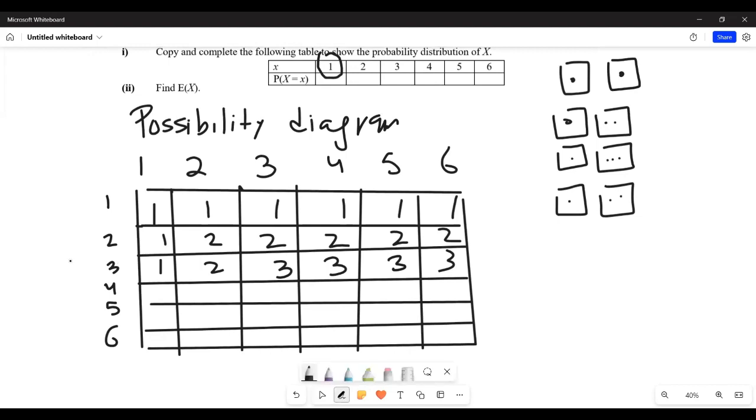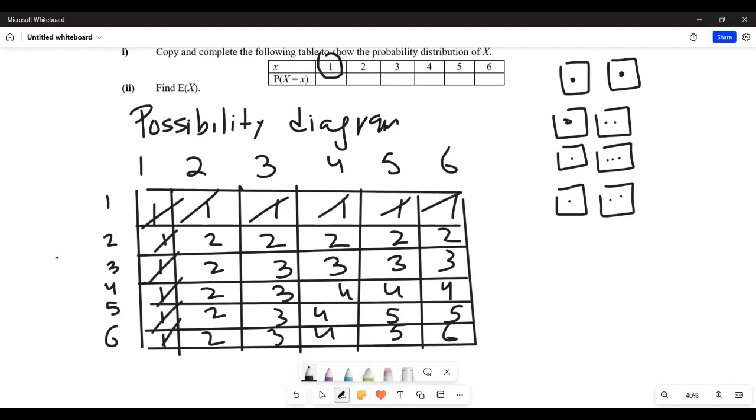Then 4, 1 is going to be 1, 4, 2 is going to be 2, 3, and then 4, 4, 4. Then 1, 2, 3, 4, 5, and then again 5, and 1, 2, 3, 4, 5, 6. Okay. So now, how many times is the smallest score 1? 1, 2, 3, 4, 5, 6, 7, 8, 9, 10, 11.